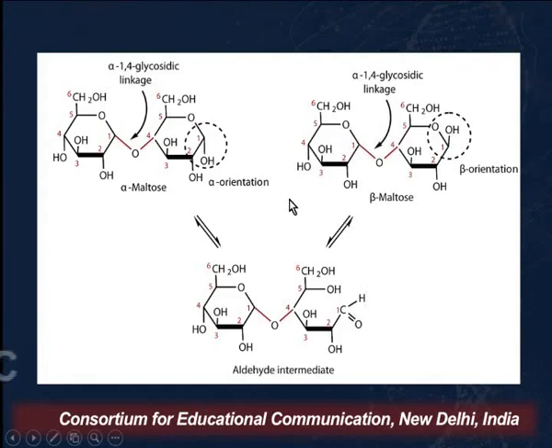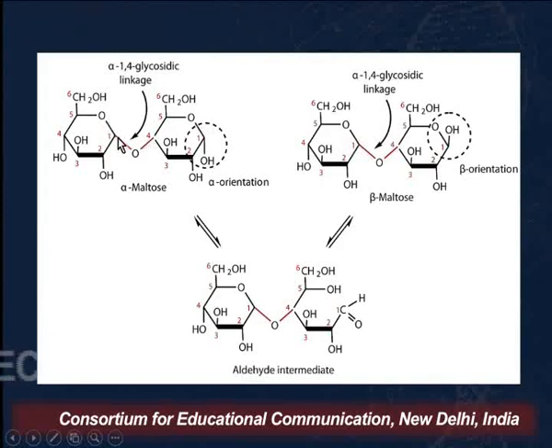Now again the ring closure can take place here because of the reaction between the OH on the fifth carbon and this carbonyl bond here, resulting again in the formation of hemiacetal. I would like to point out two things here which you have to be very clear with.